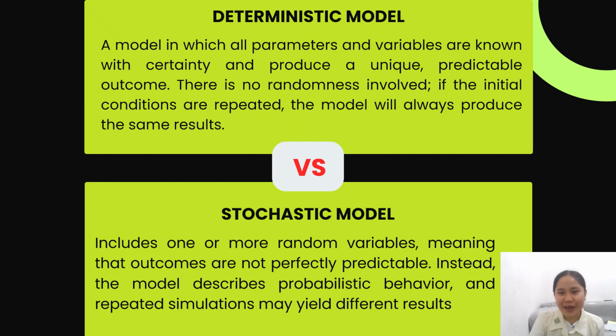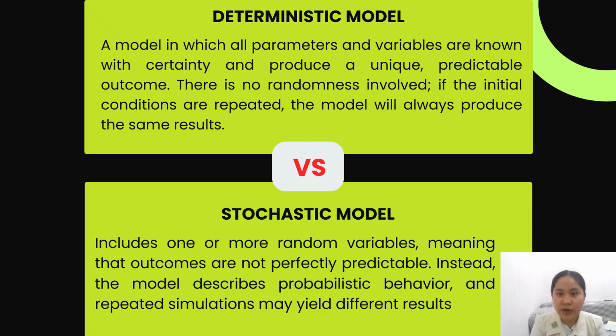So, if deterministic has no randomness, the stochastic model includes randomness or uncertainty. The result is not always the same, unlike the deterministic model, which I said earlier has the same result if the input is the same.